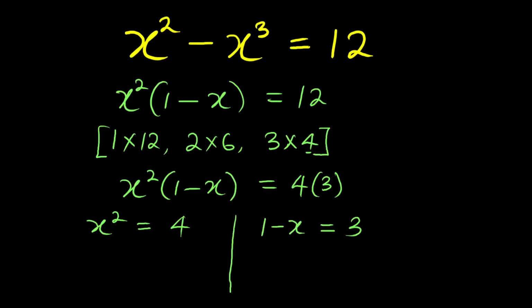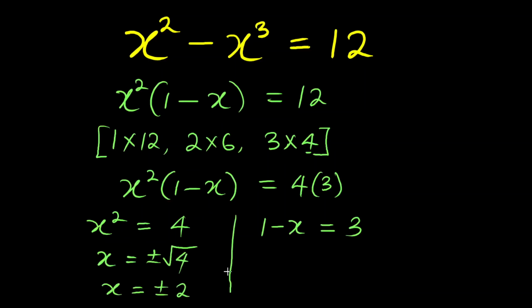Okay, so here's what I'm going to do. I'm going to use the comparison on the left hand side here to find the values of x. Then I'm going to use the other comparison to check for the true value of x. So here I have that x is equal to plus or minus the square root of 4, where x is equal to plus or minus 2. Now let us find the true value of x.